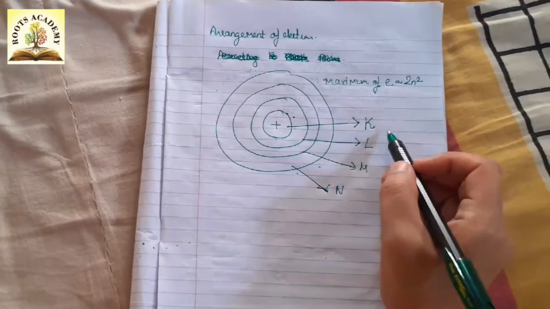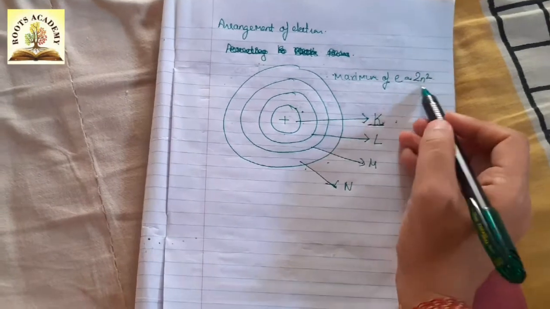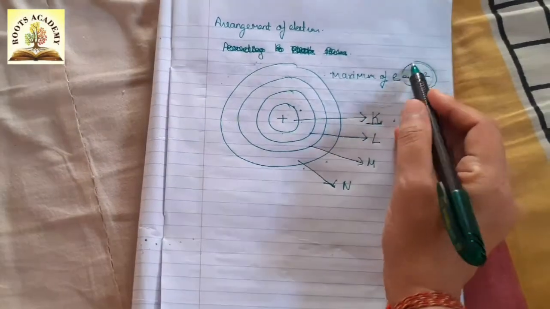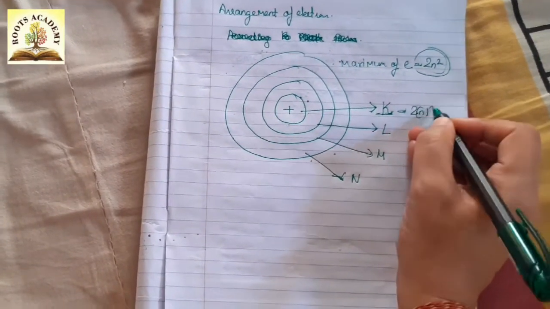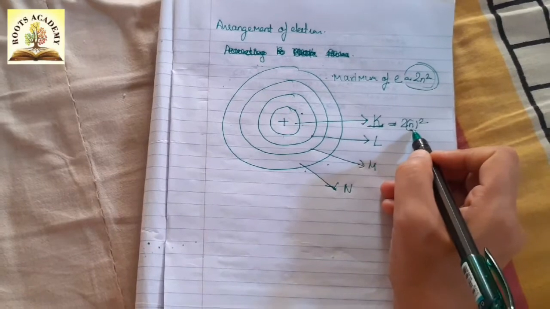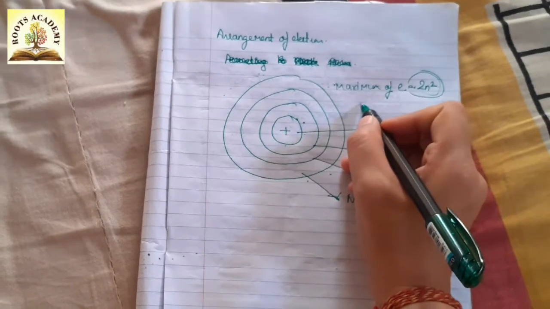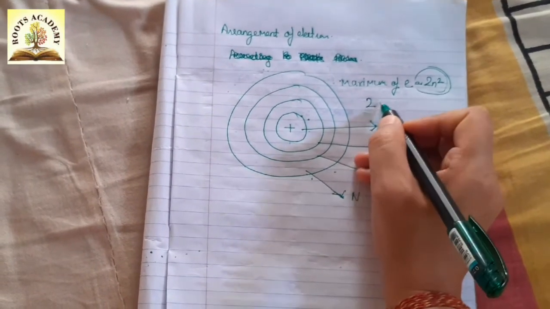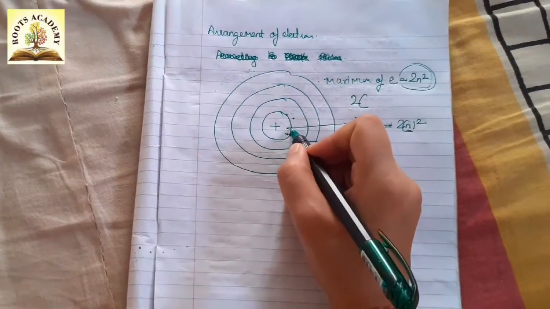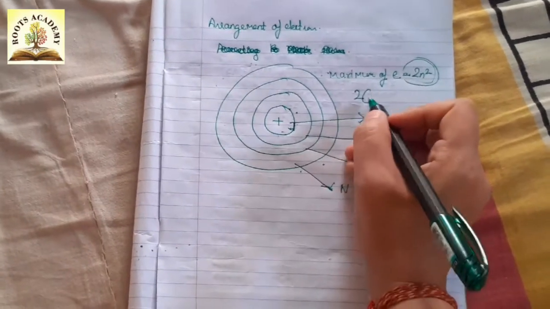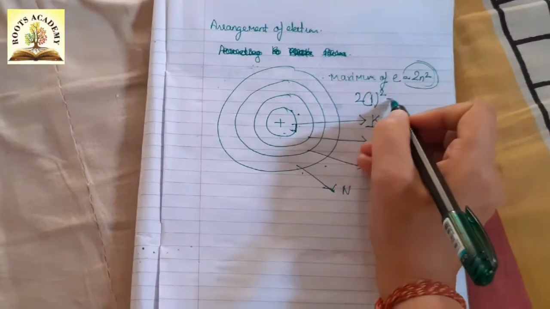The electrons which can be present in these orbits are given by the formula 2n². Here n represents the number of the shell. If the number of the shell is 1, K is my first shell, so I write n as 1. 2 × 1² gives the answer 2.